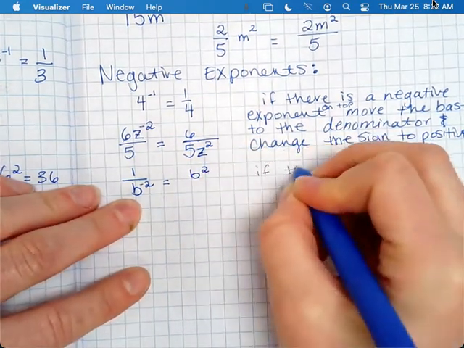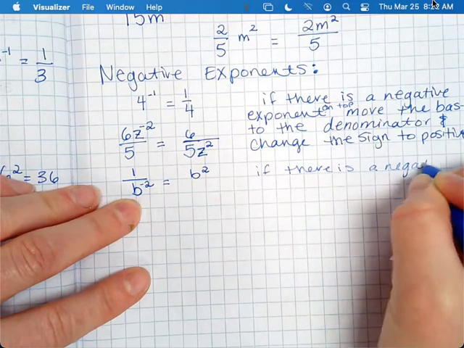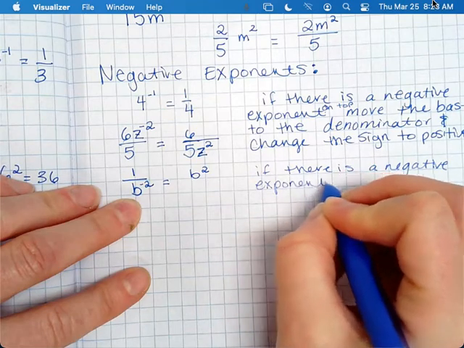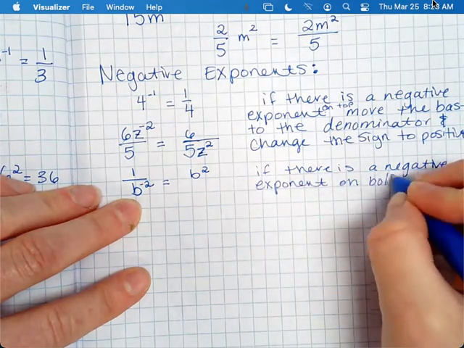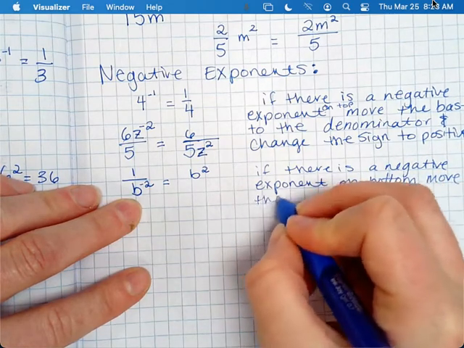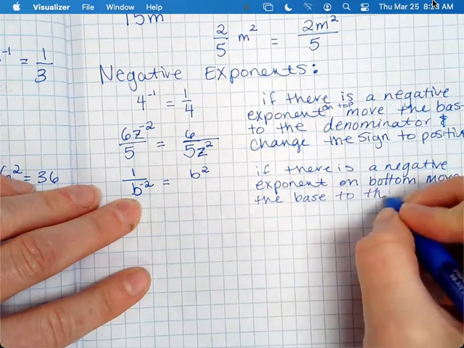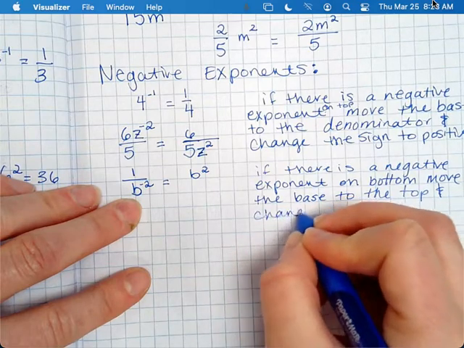So if there is a negative exponent on the bottom denominator, move the base to the numerator, or to the top, and change the sign to positive.